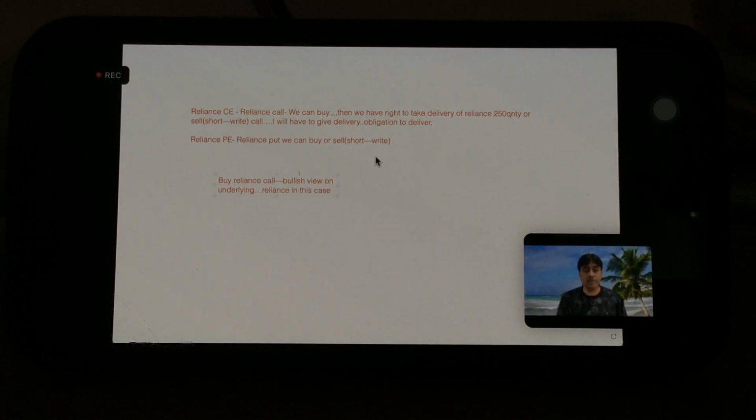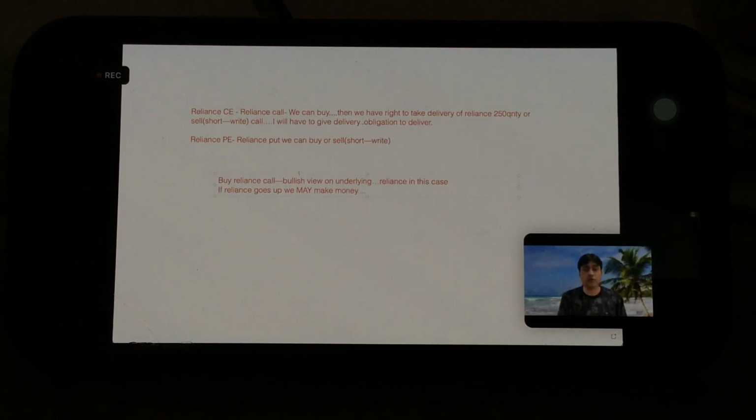Why Reliance call means when we are bullish on Reliance. So when we will make money, we will make money if Reliance goes up. We may make money.